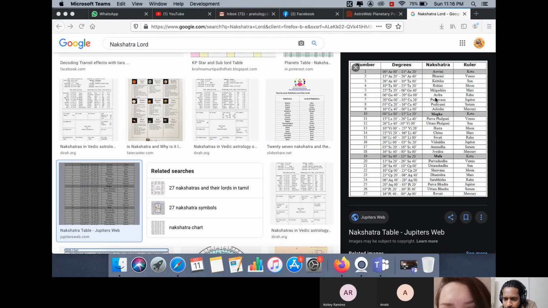The ruler of Adra is Rahu. So you have to note down the Rahu. This is step one: note down the nakshatra of the ascendant. In this case, it is Adra. Second step is note down the ruler of the ascendant nakshatra.